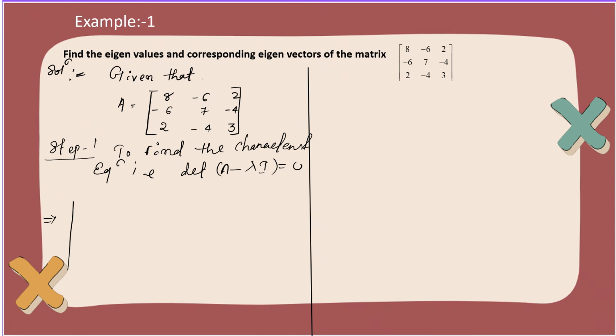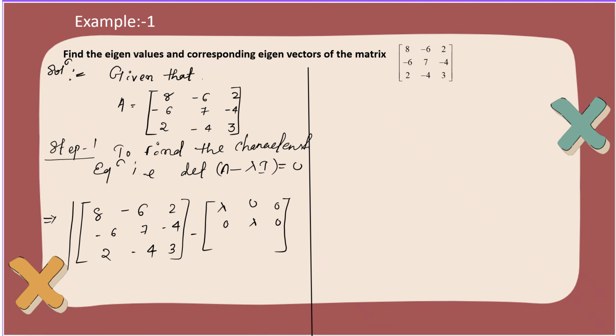Let's write the matrix A here: 8, minus 6, 2, minus 6, 7, minus 4, 2, minus 4, 3. Minus lambda I, where I is the unit matrix. That's why you multiply lambda with that unit matrix: lambda, 0, 0, 0, lambda, 0, 0, 0, lambda, is equal to 0.